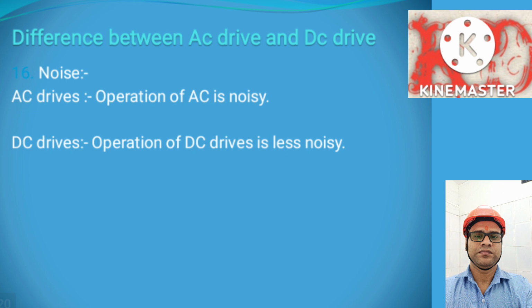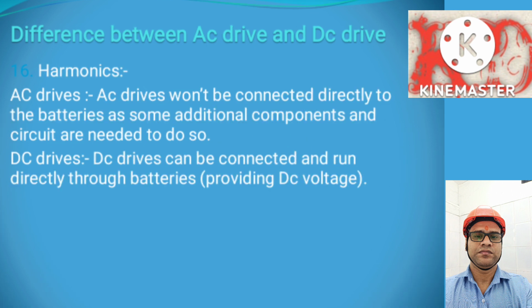Twenty-first, noise. Operation of AC drives is noisy, whereas operation of DC drives is less noisy. Twenty-second, harmonics. Inverter usage in AC drives produces harmonics on both the supply and load sides, whereas the converter used in DC drives does not generate harmonics. Twenty-third, spark.